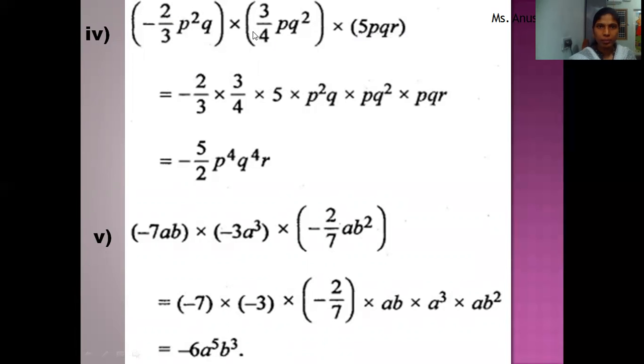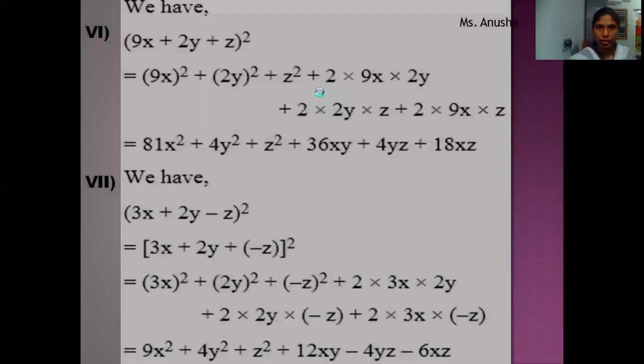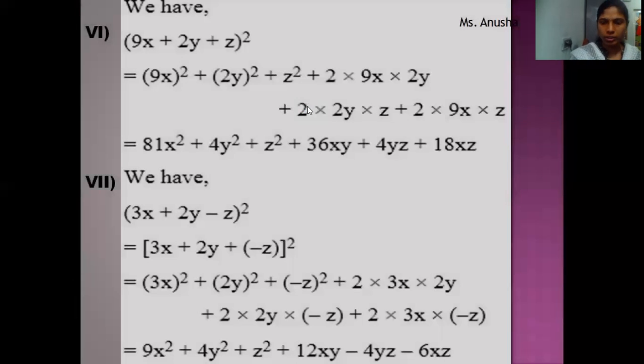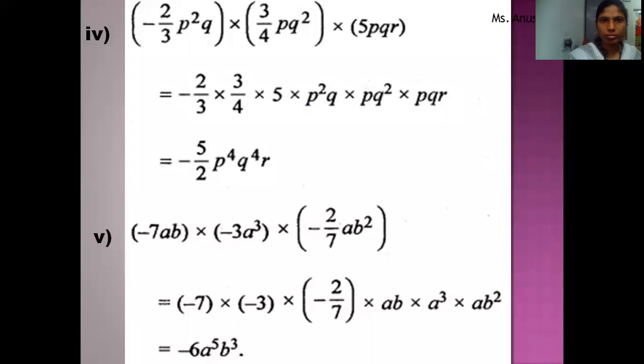Minus 2 by 3 into 5 by 4 into 5. Only the coefficients of the numbers I have taken separately first of all, and after that taking these terms separately, p square q into pq square into pqr.